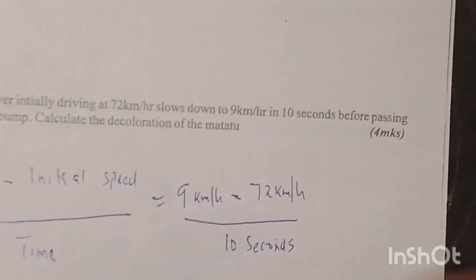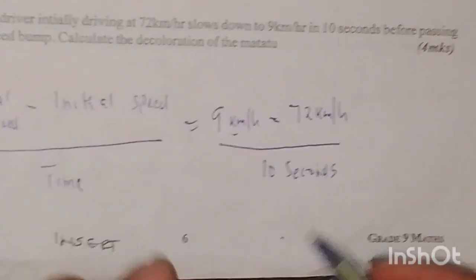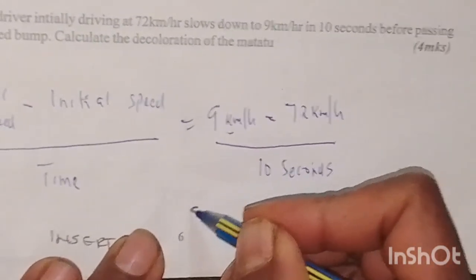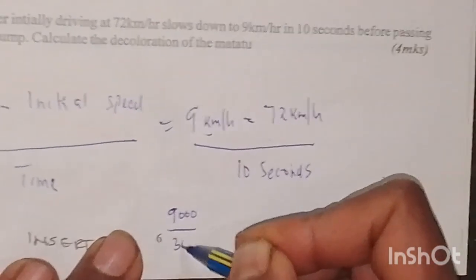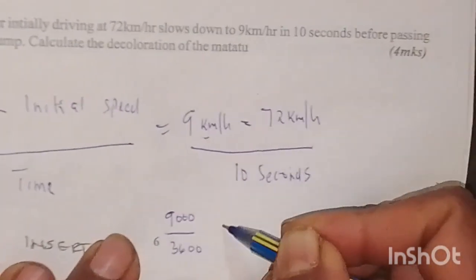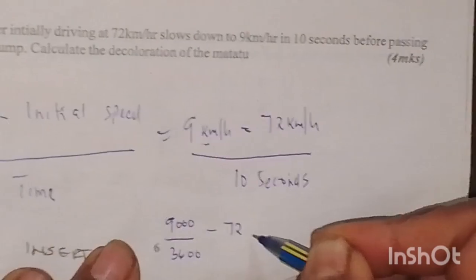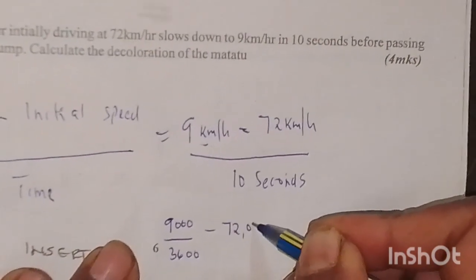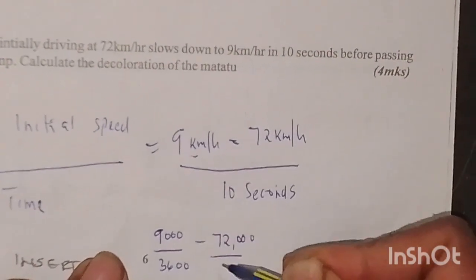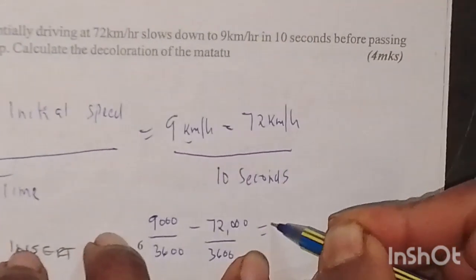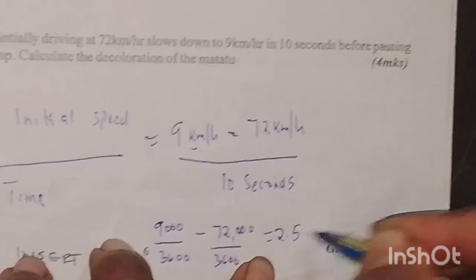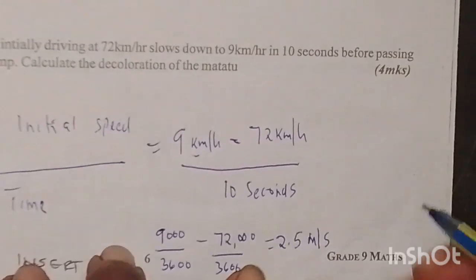I've decided to put it into meters per second. Therefore, 9 kilometers per hour into meters per second shall be 9,000 divided by 3,600 minus 72,000 divided by 3,600, and this is equivalent to 2.5 meters per second.